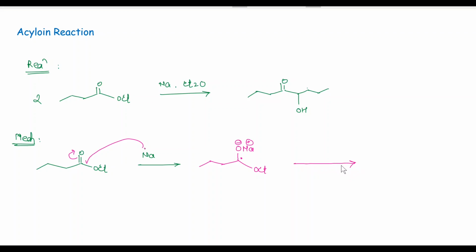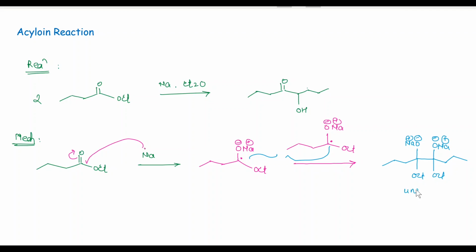This ketyl radical anion is coupled with another molecule of ketyl radical anion, and we get here OR, O negative, Na positive, here OR, here oxygen negative, sodium positive.